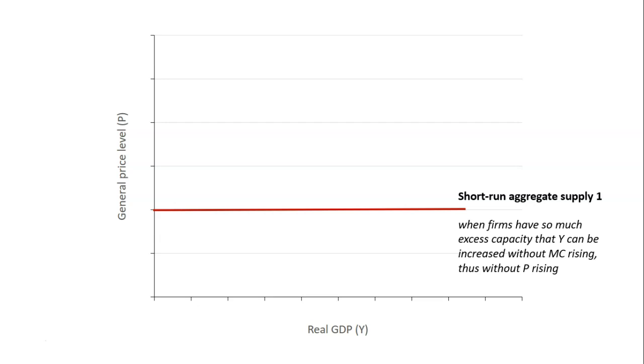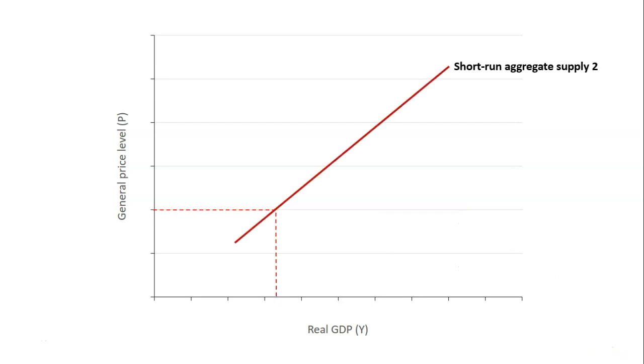So in this case, firms have so much excess capacity that they can increase their output, which we're representing with Y, without their marginal costs rising. That is, the law of diminishing marginal returns doesn't apply to the vast majority of firms in this kind of situation. Thus, they can increase their output without having to increase their prices to cover higher marginal costs, because there aren't higher marginal costs.